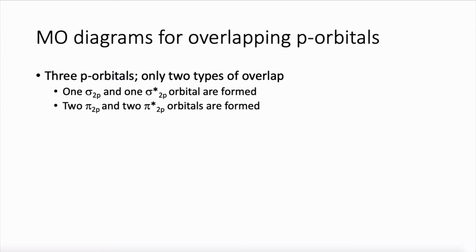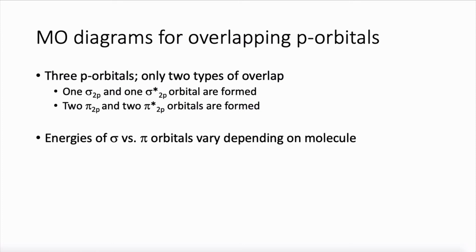One set of p orbitals are going to form sigma orbitals. So you're going to get a sigma and a sigma star, a sigma bonding and a sigma anti-bonding. Then you have 2 p orbitals, the px and the py orbitals, that will overlap and form 2 different sets of pi molecular orbitals. So you're going to have 2 bonding orbitals and 2 anti-bonding orbitals.